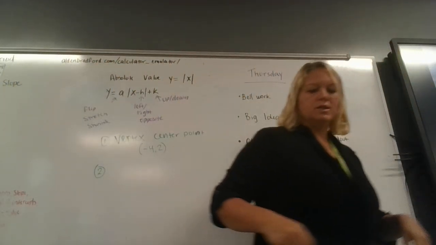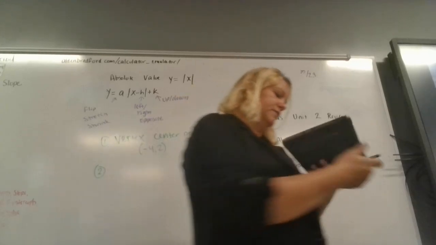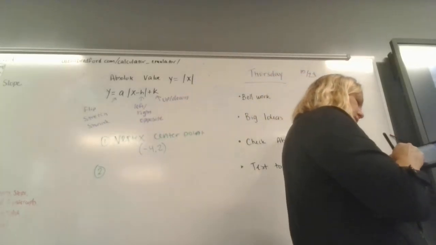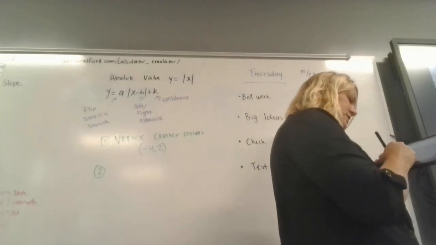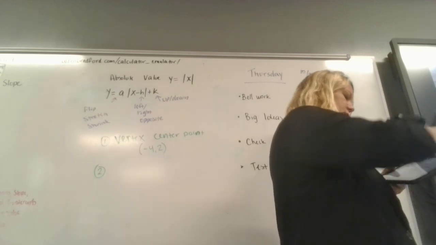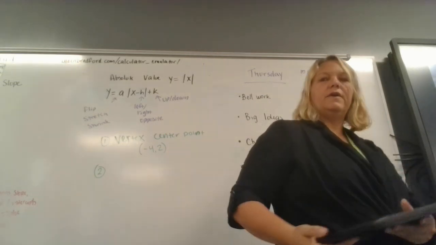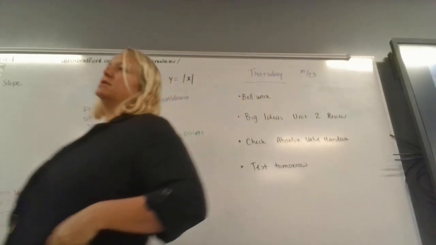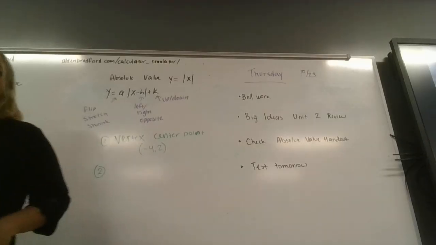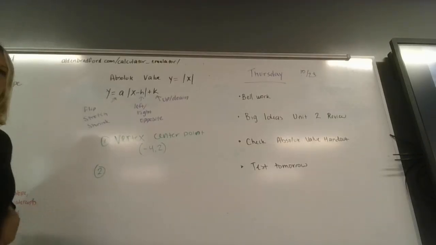Horizontal and vertical translation. So we need to identify how far left and right it is from this one that's always in the center, the parent function. So how far up is it from 0, 0? 2.